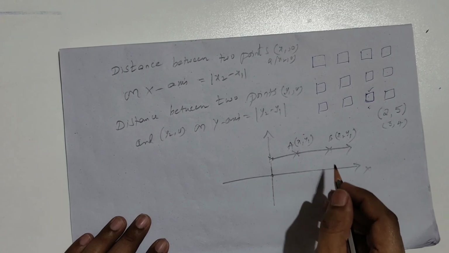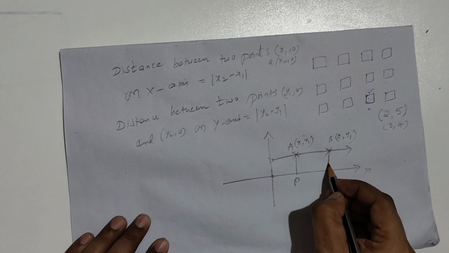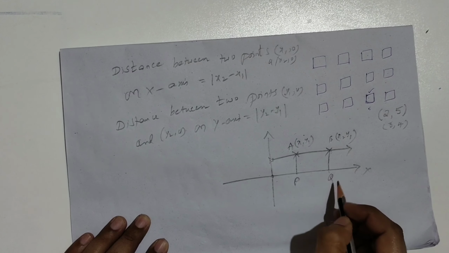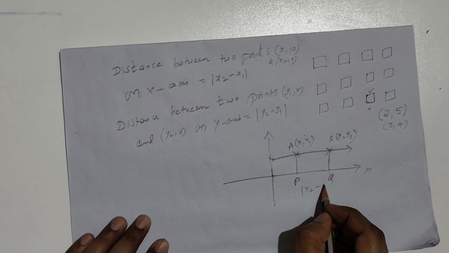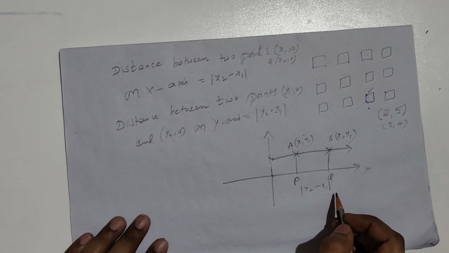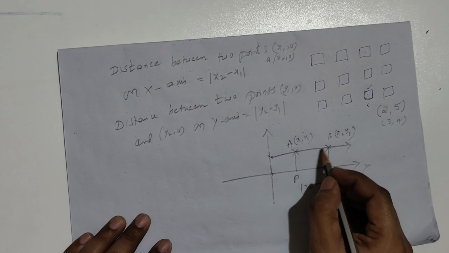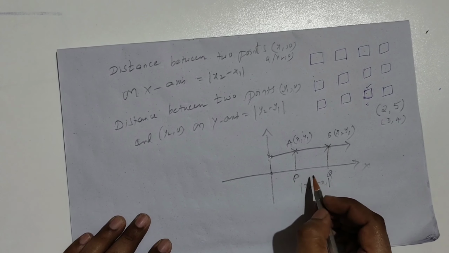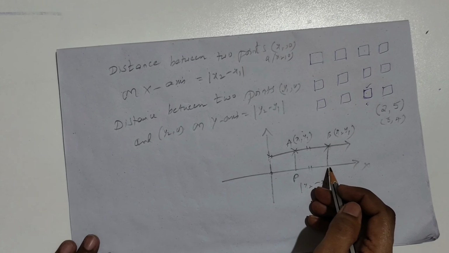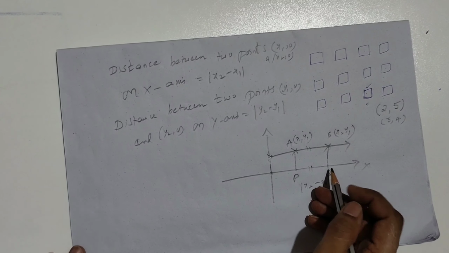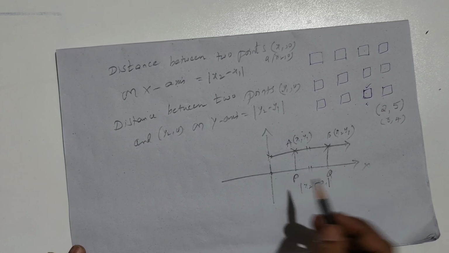So here let us consider P and Q. So here the distance between P and Q is obviously modulus of x2 minus x1. Okay, so here by observing the figure, APBQ is a rectangle. Therefore, we have here AB is equal to PQ. So in this way, we can find out the distance between the 2 points on a line which is parallel to x-axis.